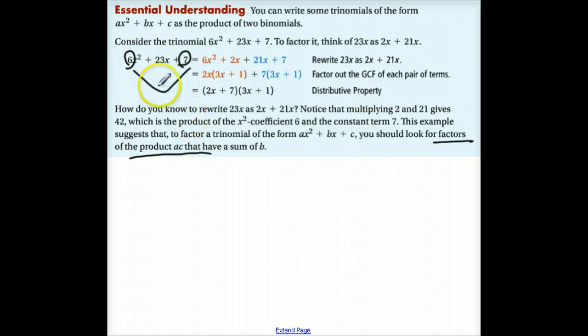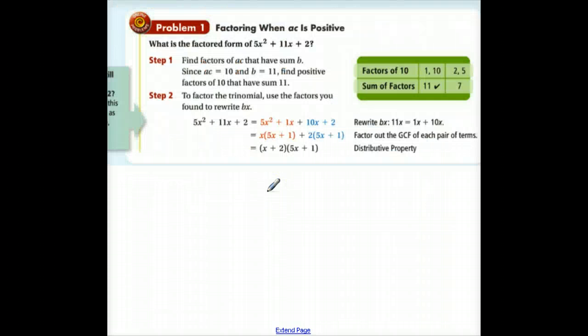So for example, 6 times 7 is 42. So you want to worry about that product instead of just 7. So you take the product of the A coefficient and the C coefficient, find two numbers that are factors of 42, and they also have to have a sum of B, the middle coefficient. So let's look at how you do this.